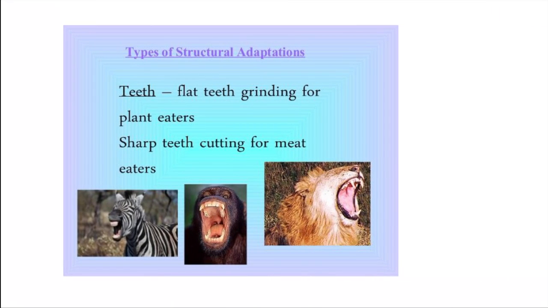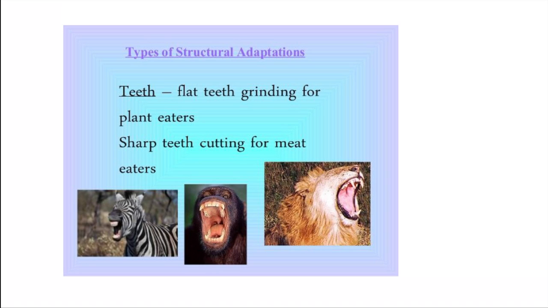Okay, types of structural adaptation, like teeth: flat teeth for grinding for plant eaters, sharp teeth for cutting meat.